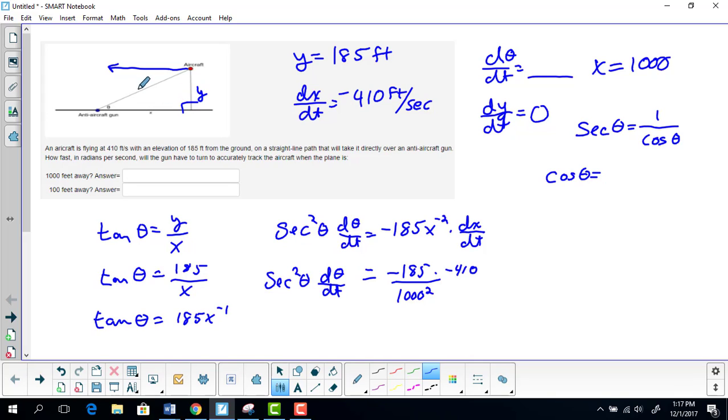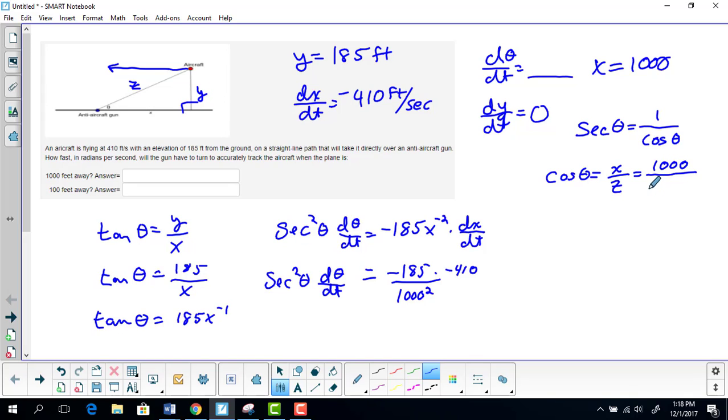Cosine is adjacent over hypotenuse. If I call the hypotenuse z, it is x over z. Now I know x is 1,000 for this problem, and z is the hypotenuse, so I can use the Pythagorean theorem with 1,000 here and 185 here for the y.